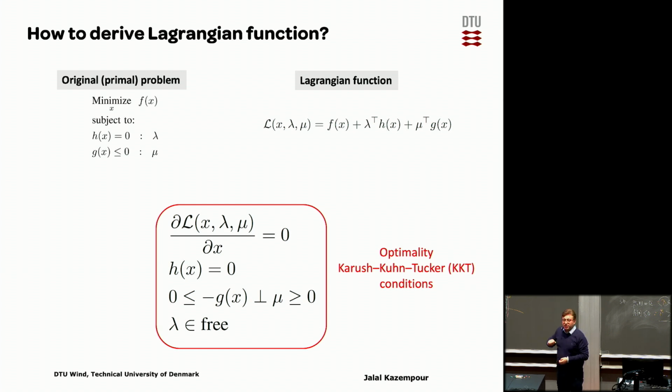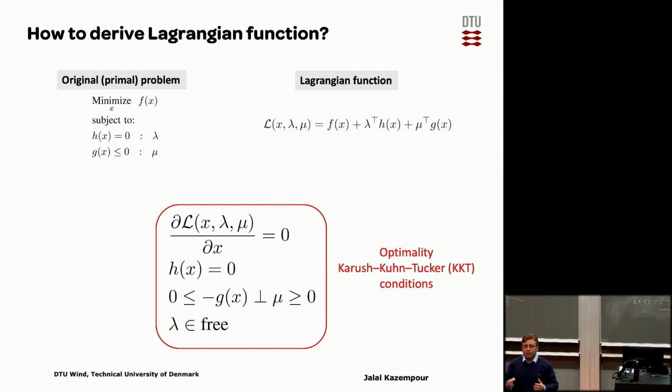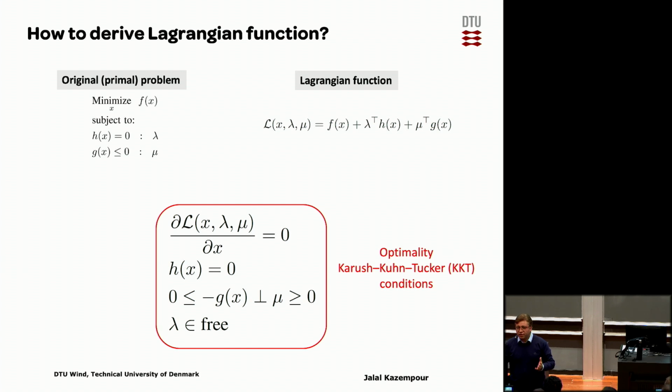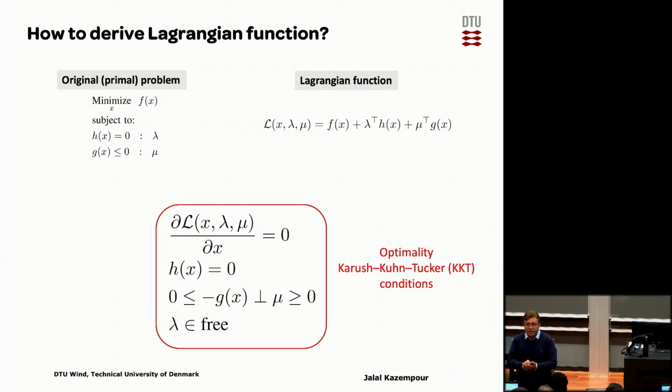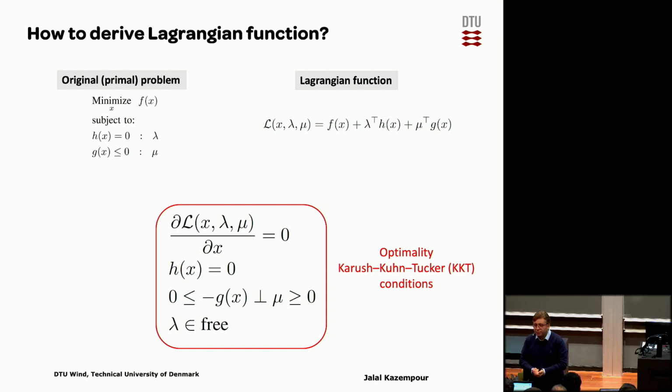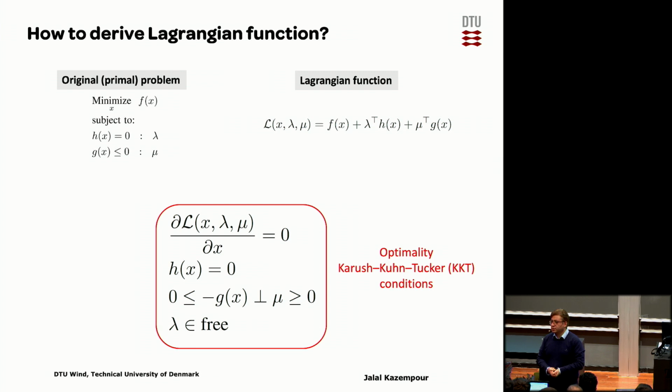There are 4 ingredients. What is the first one? You take the derivative of the Lagrangian function with respect to every primal variable and put it equal to 0. We learned it in high school, right? When you want to find the optimal point of something, you take the derivative and make it equal to 0.